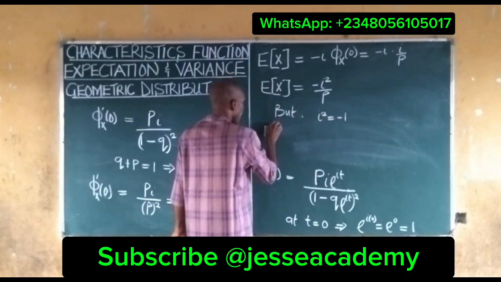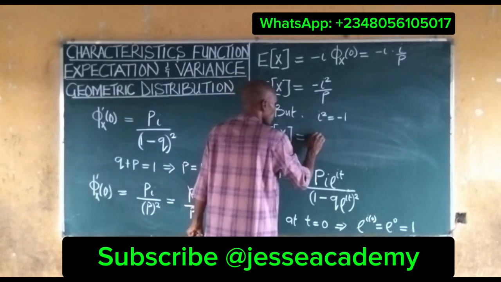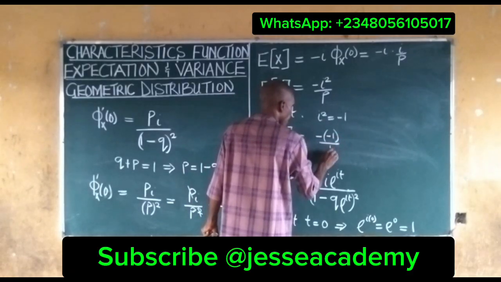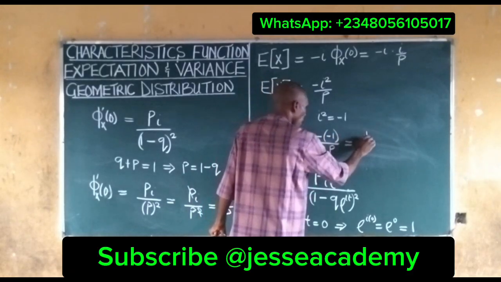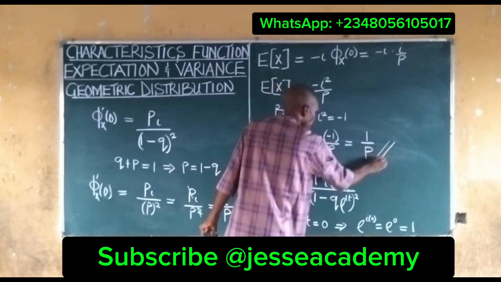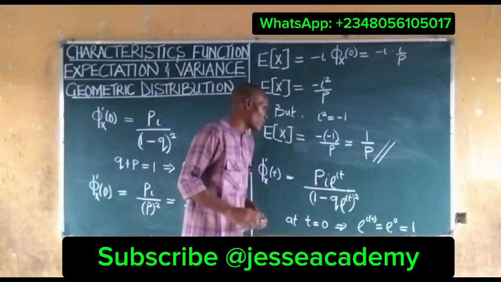It then means that our expected value of x is equal to negative into negative 1 all over p, which means 1 all over p. So this becomes our expected value of x.